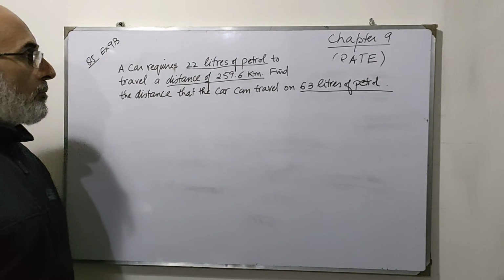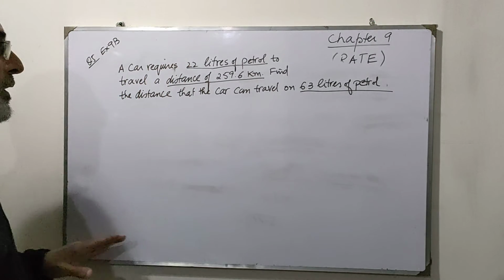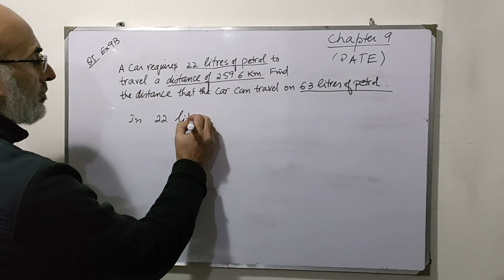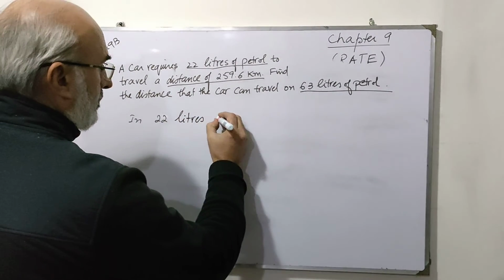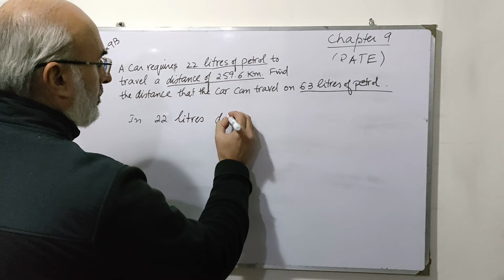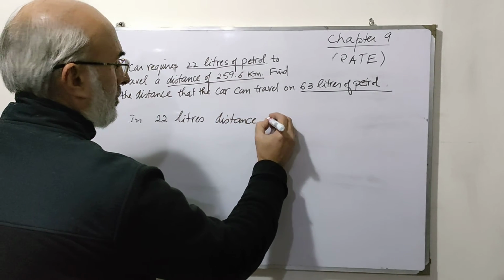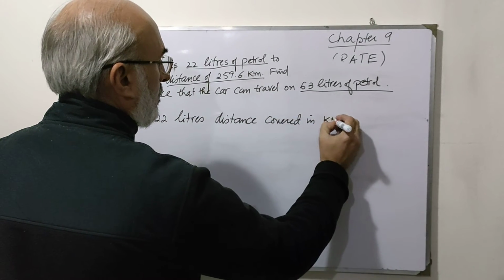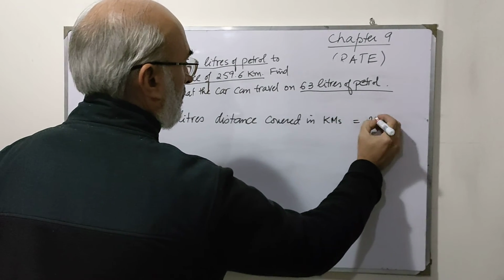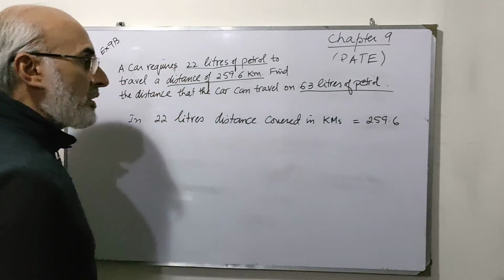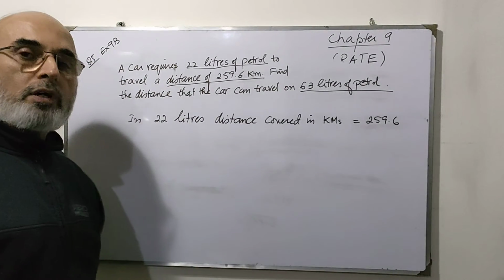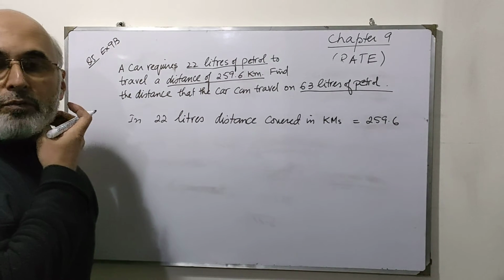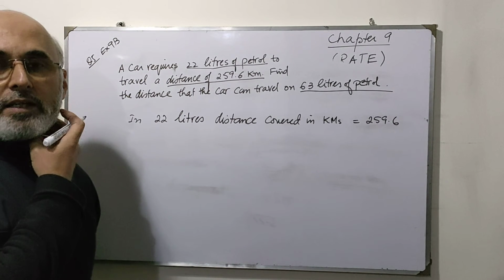Okay. Now let's see. Start from here. In 22 liters, the distance covered in kilometers in 22 liters of petrol is 259.6, but we are always interested in unit rate.